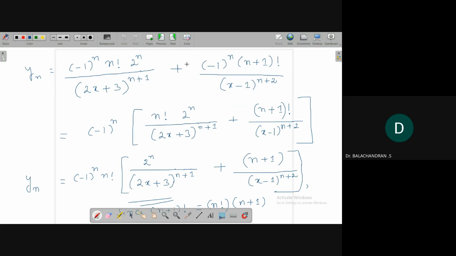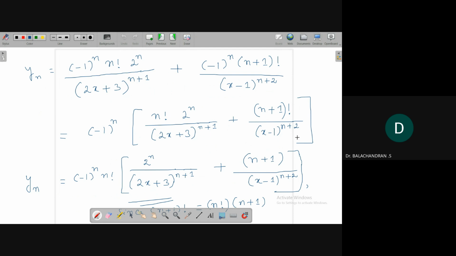Now here commonly you can take minus 1 whole power n. What is remaining? N factorial into 2 power n by 2x plus 3 whole power n plus 1, plus n plus 1 factorial divided by x minus 1 whole power n plus 2.